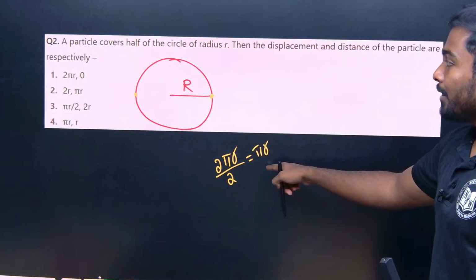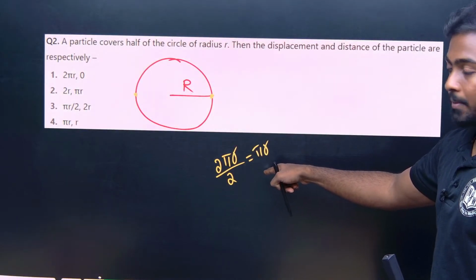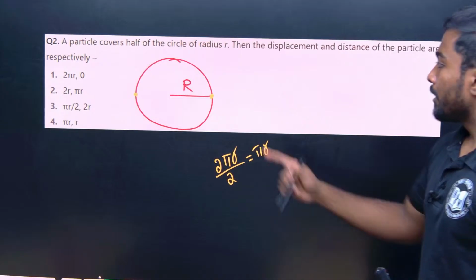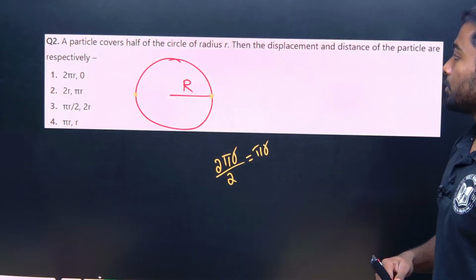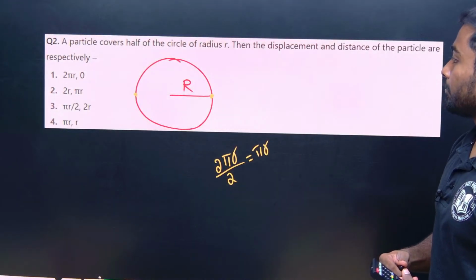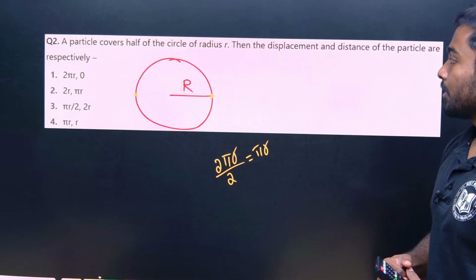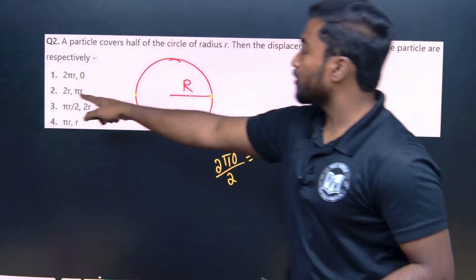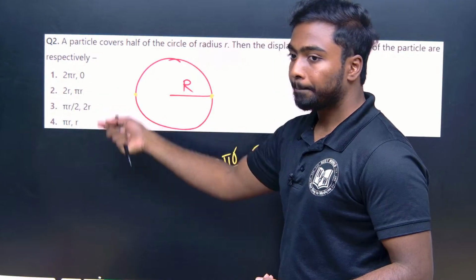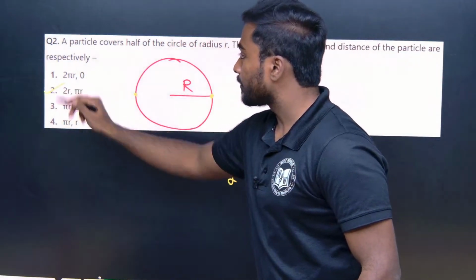This is my distance. What about the displacement? r plus r, 2r. Which one is the answer? Second option. They asked for displacement and distance: displacement is 2r, distance is pi r. Option 2 is the answer.